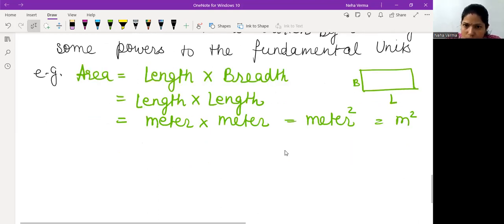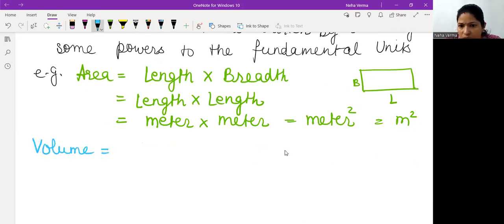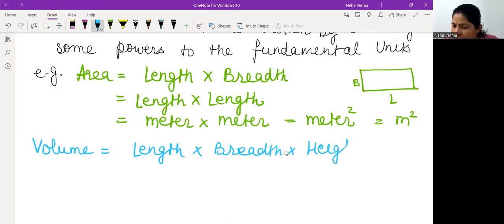Similarly, see volume. What is volume? Length, breadth, and height. Suppose we have taken a cube.